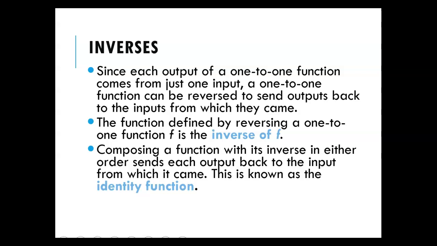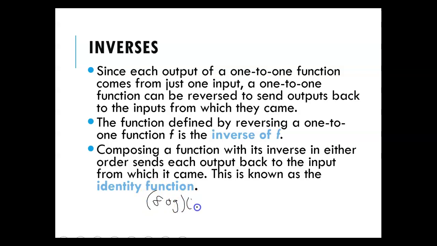Inverses say that each output of a one-to-one function comes from just one input. A one-to-one function can be reversed and send the outputs back to the inputs from which they came. So again, if (a, b) exists on the original, then (b, a) exists on the inverse. The function defined by reversing a one-to-one function is known as its inverse. Composing a function with its inverse, hence function composition being our review at the beginning, sends each output back to the original input from which it came, thus giving the identity.